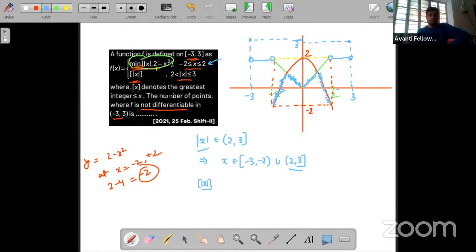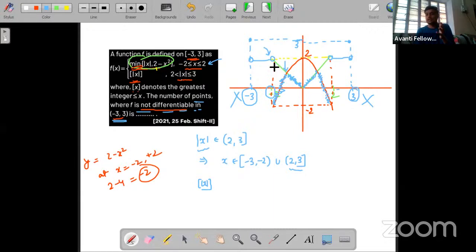Clear? Now we have to find the number of points where the function is not differentiable in open -3 to 3. It means we do not consider this point and we do not consider this point also. So we have to check from open -3 to 3 how many discontinuous points or sharp turns are there. So first is this point, meaning x is equal to -2. Second point is this point. You can see a sharp turn.